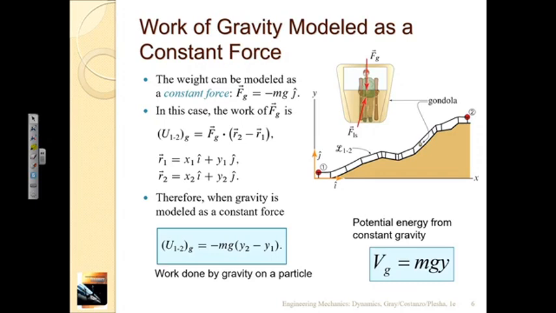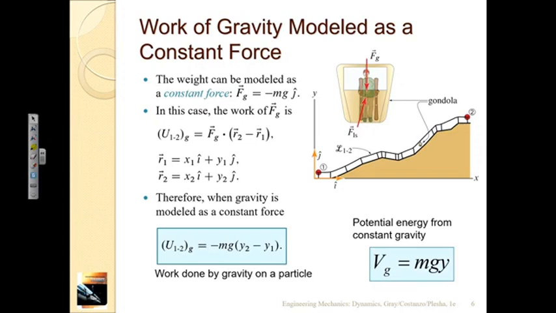My force is minus mg in the i direction. And my displacement, delta r, it's a vector, r2 minus r1.